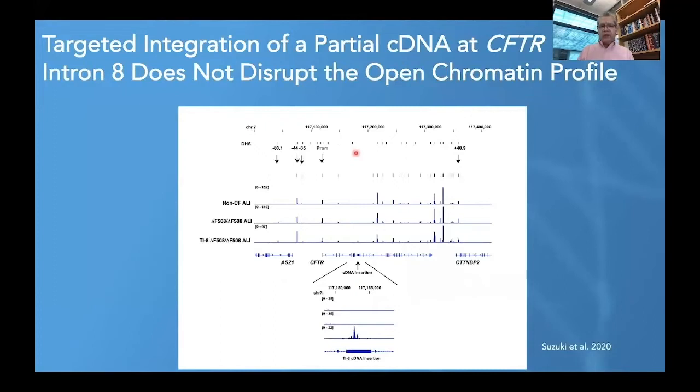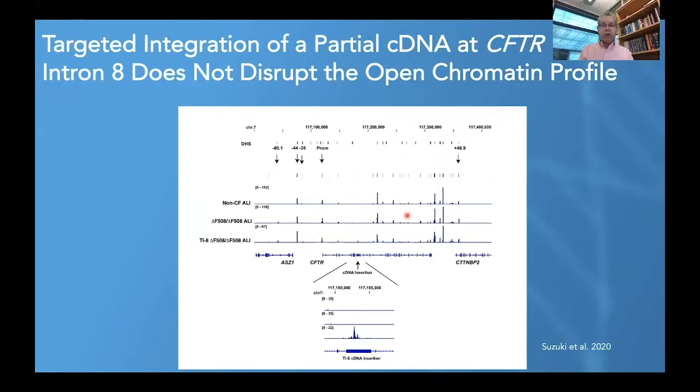So this was all done in these F508del lines that were successfully targeted. And together with Ann Harris and her group at Case Western, what we wanted to evaluate is whether the introduction at high frequency of these cDNA sequences into intron 8 in fact disrupted at all the pattern of open chromatin that is characteristic of airway basal cells.